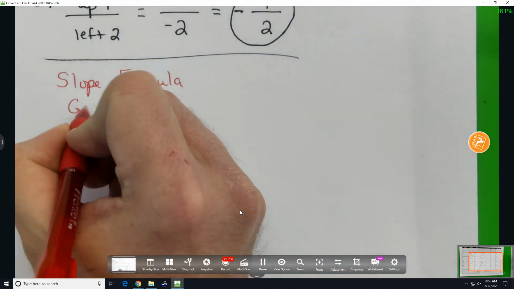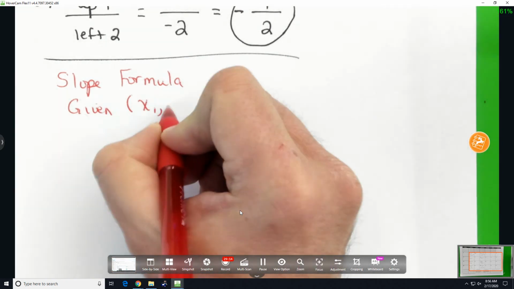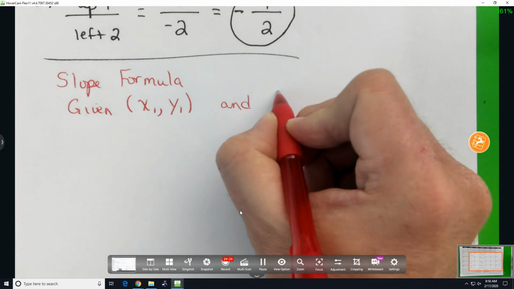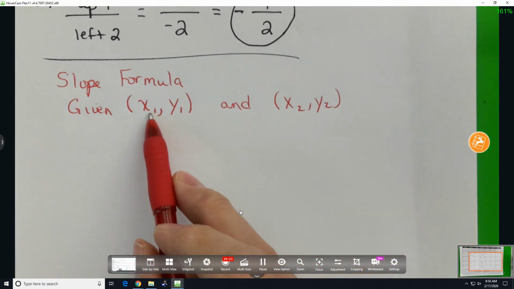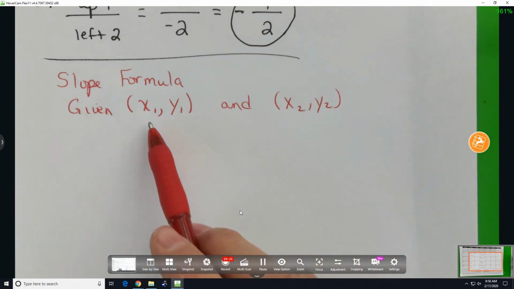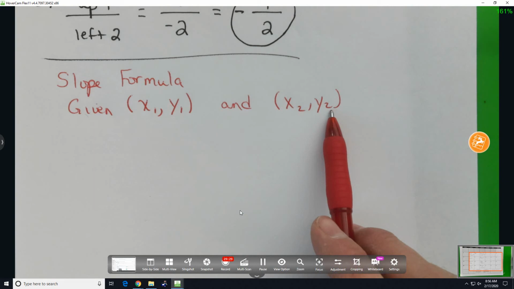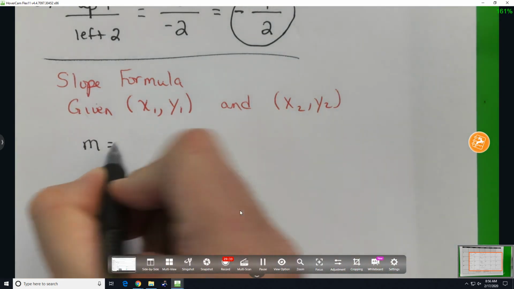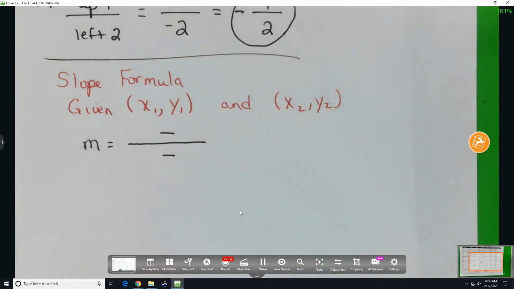If you're given 2 ordered pairs, x1, y1, remember how we did those subscripts? Just to mean these are not exponents here. First x, first y, second x, second y. Here's the slope formula. You can use this instead of graphing or plotting the points and counting.